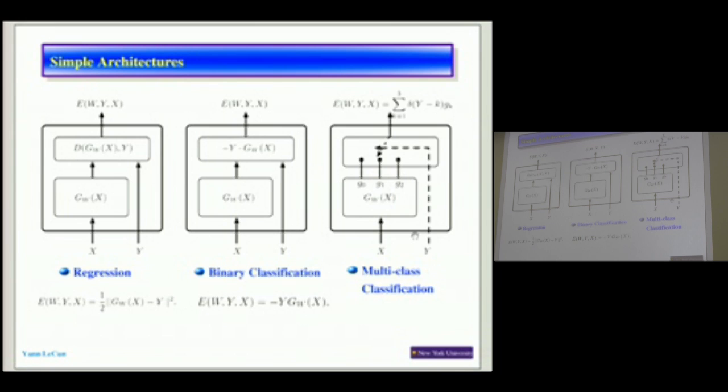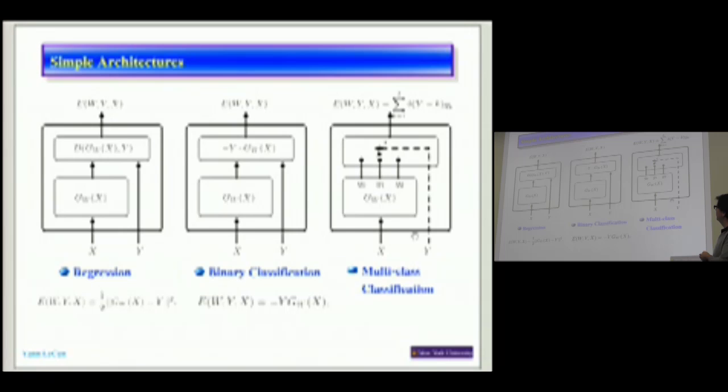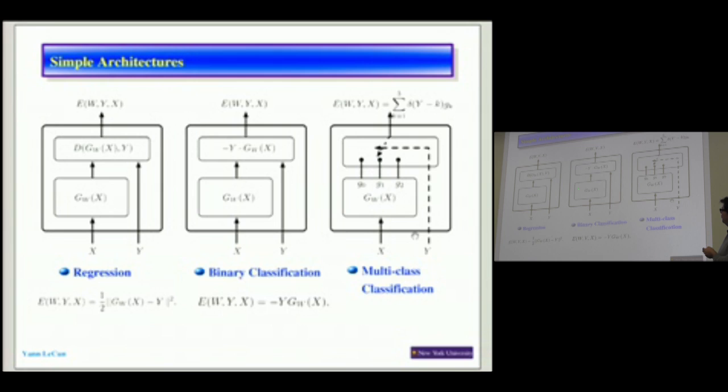Now, binary classification has an interesting formulation where, again, you have a parameterized function. And again, these are examples. There are more complex ways of doing this, but you have a parameterized function, say linearly parameterized or not, a neural net, convolutional net, whatever it is. And y can take two values, +1 or -1.